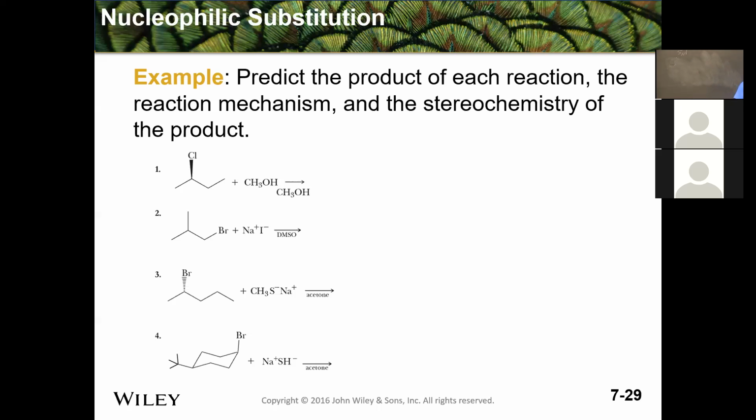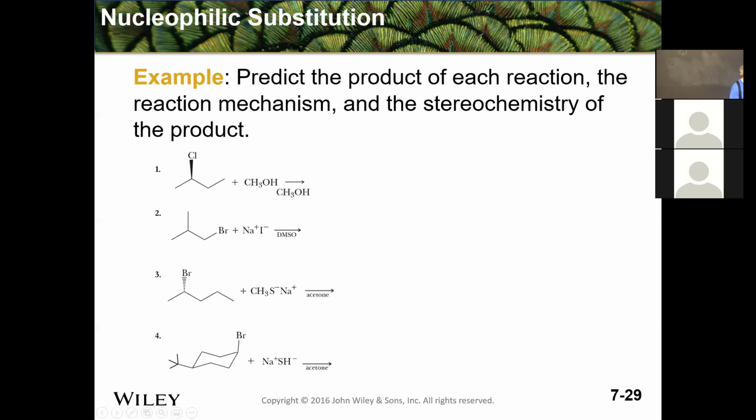Okay, what about number 2? What class of substrate is that? Is it primary, secondary, or tertiary? No, it's primary.